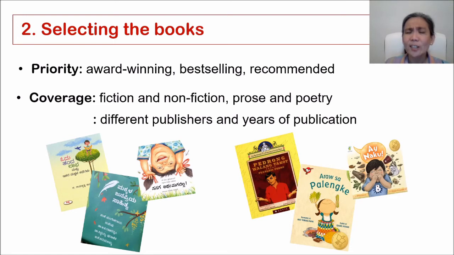In selecting the books, priority was given to award-winning titles at 5 to 10%, best-selling titles in the last 10 years at 5 to 10%, and those recommended by people who work with children. Coverage-wise, the target was diversity and variety, though no particular percentage was targeted.